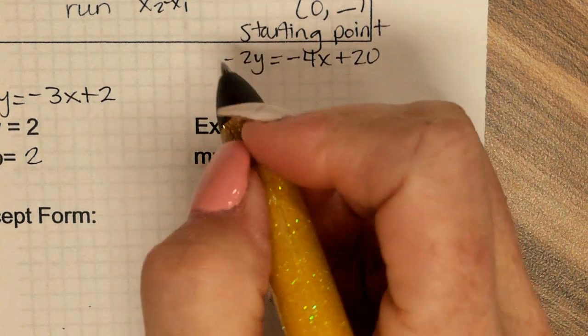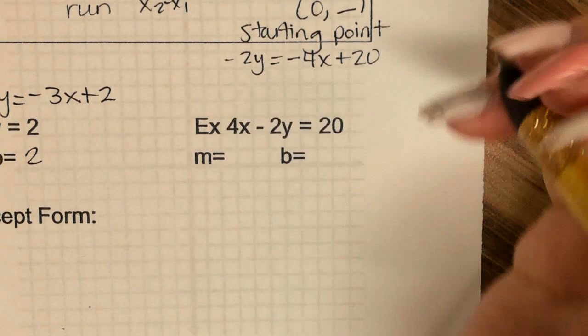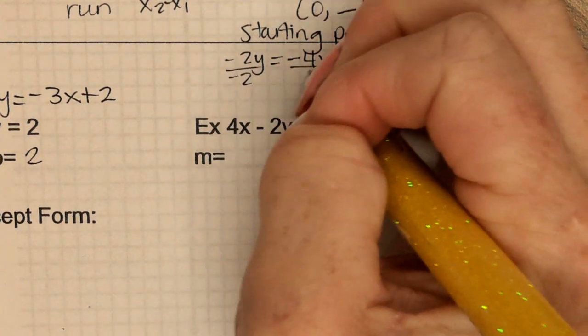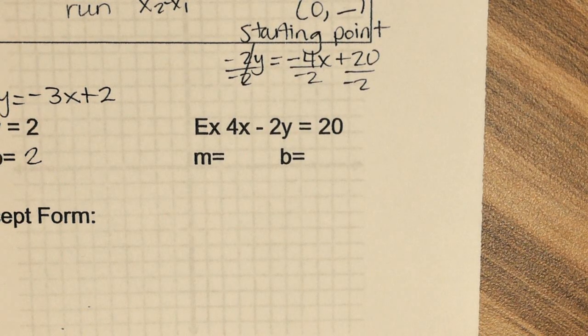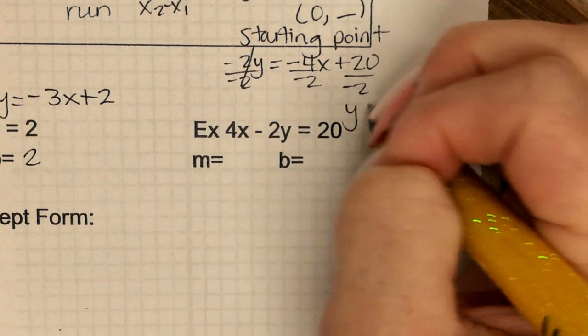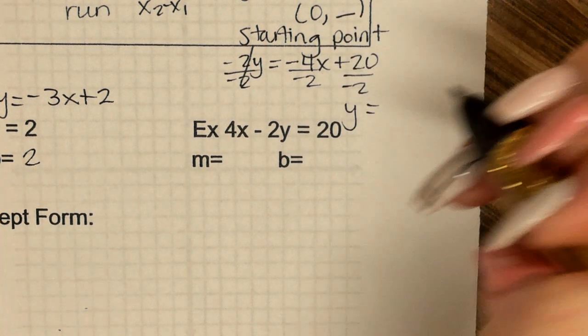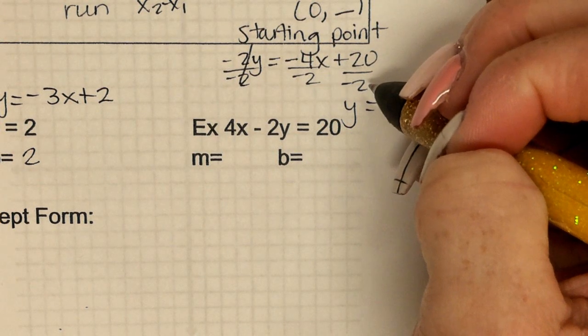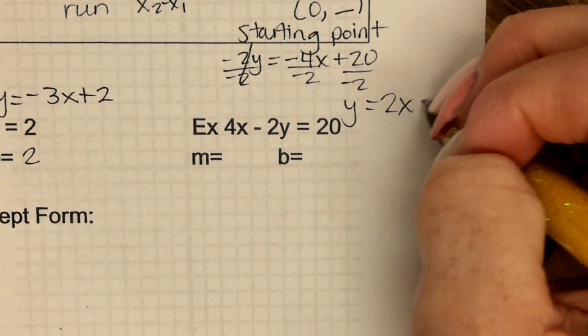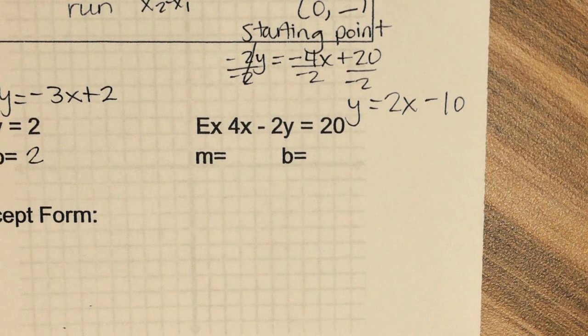Yes? How would I get rid of the negative 2? Divide everything by negative 2. And then whenever I simplify, that's my slope and y-intercept. So this becomes y equals negative 4 divided by negative 2 is positive 2x. And positive 20 divided by negative 2 is negative 10.